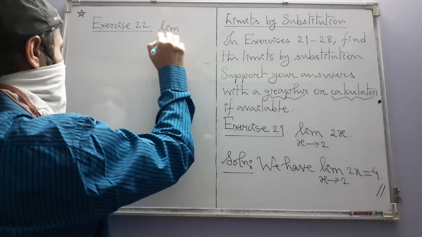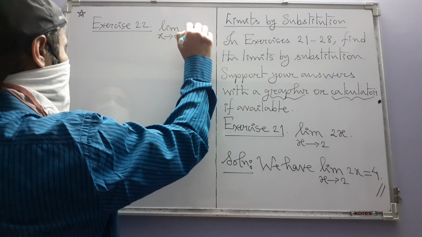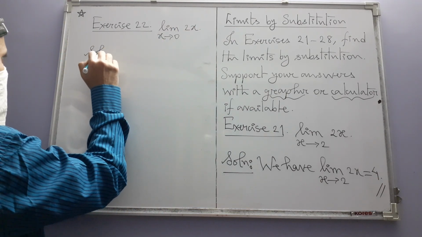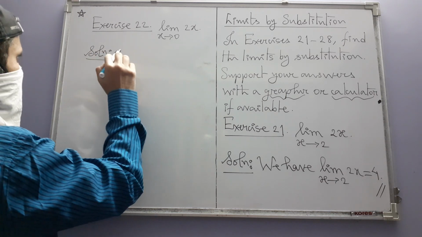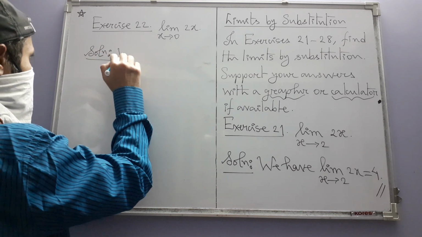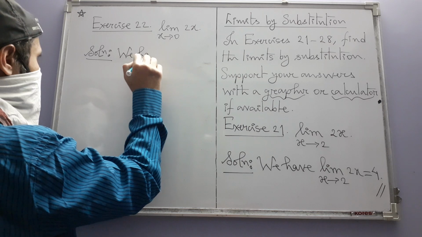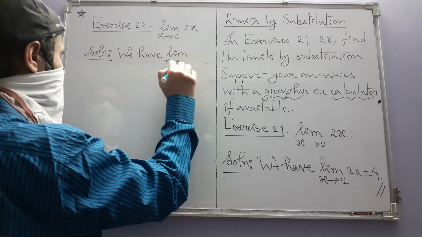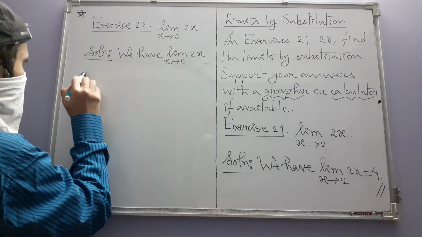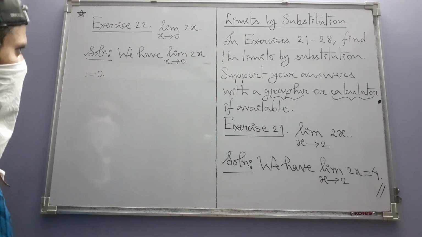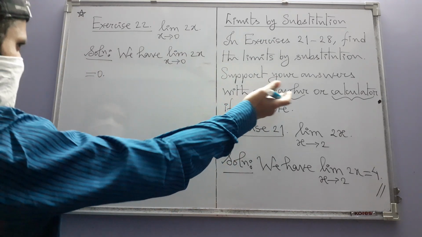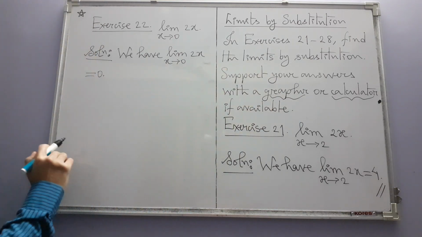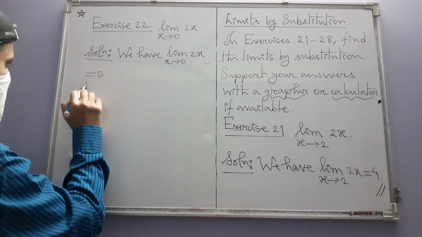Here the function is the same, but the independent variable is approaching 0. Just simple substitution gives us this value, which once you use a grapher or calculator, you will see that that's what the actual limit also is.